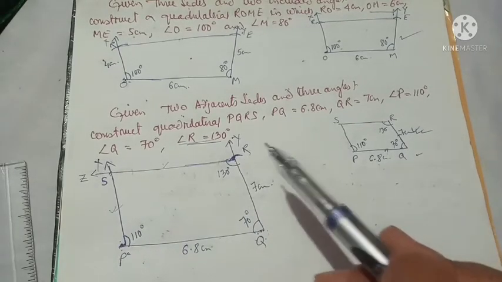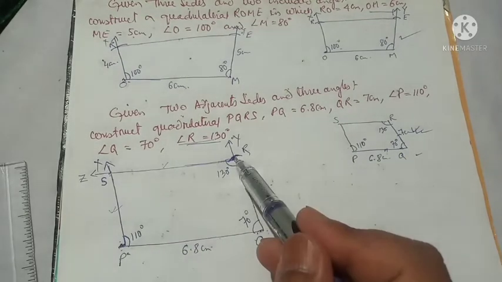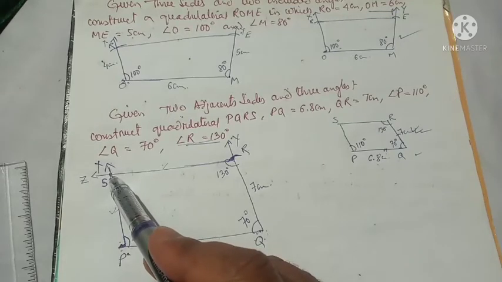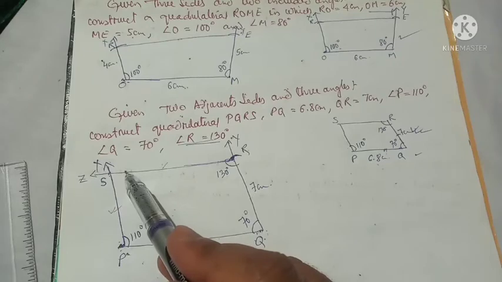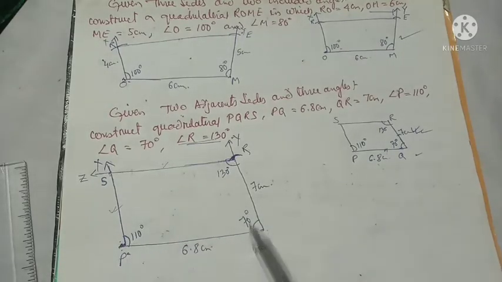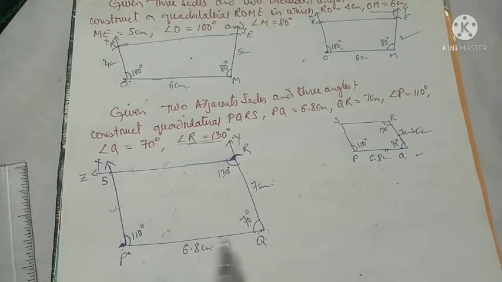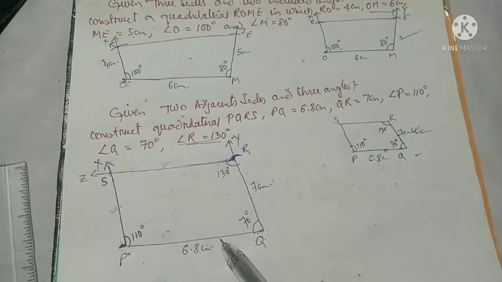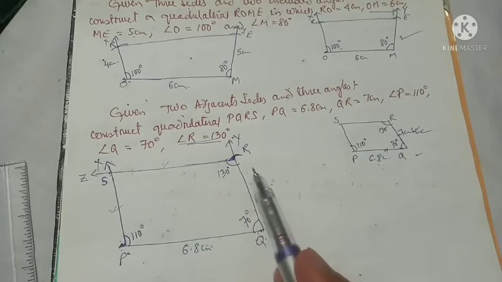And then the point of intersection of PX and RZ we call S. This S is the fourth vertex of the quadrilateral. So we form the shape of the quadrilateral. By using two adjacent sides and the three angles, we construct a unique quadrilateral, that is PQRS.